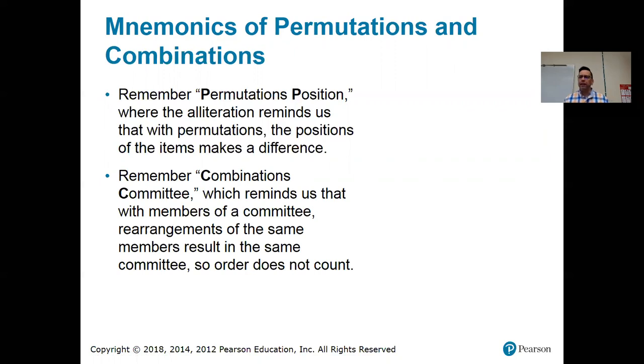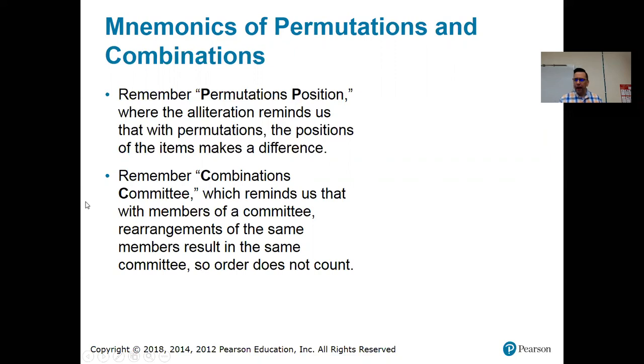So this would be like if you were picking your 3 people to be the president, the vice president, and the treasurer of the club. And I built in an unofficial example that uses that. But if you're just picking the 3 people to be on the committee and you don't have any specific roles for the 3 people, then I don't care what order they're picked in.